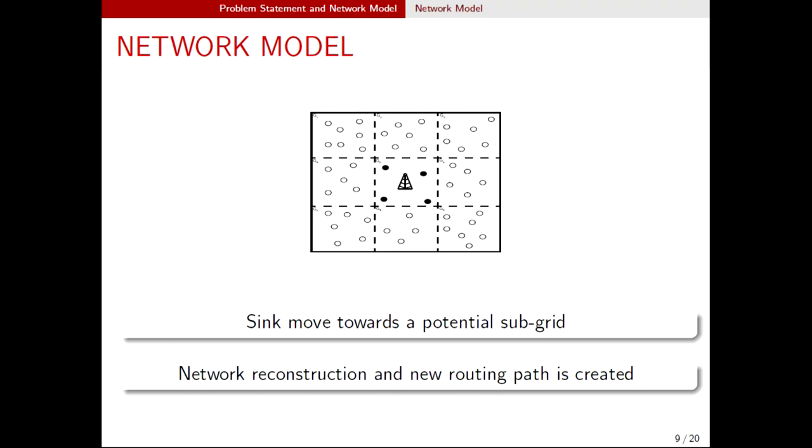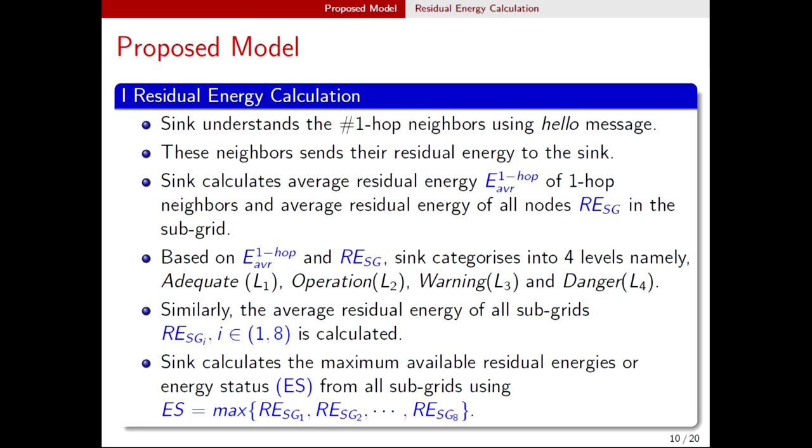The methodology is that first the sink will find its one-hop neighbors using a hello message. With this hello message, the neighbors send their residual energy to the sink. The sink calculates the average residual energy of all its one-hop neighbors, and in a similar fashion, it also calculates the average residual energy of all nodes in each subgrid, so that each subgrid has a residual energy.